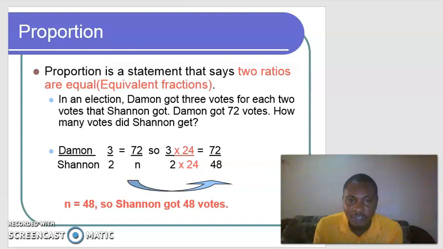On the side of Shannon we have 2. On the side of Shannon again we have n, what we are looking for. So we can use a cross product, or what in lay parlance they say you cross multiply, and you will get n equals 48. So Shannon got 48 votes.